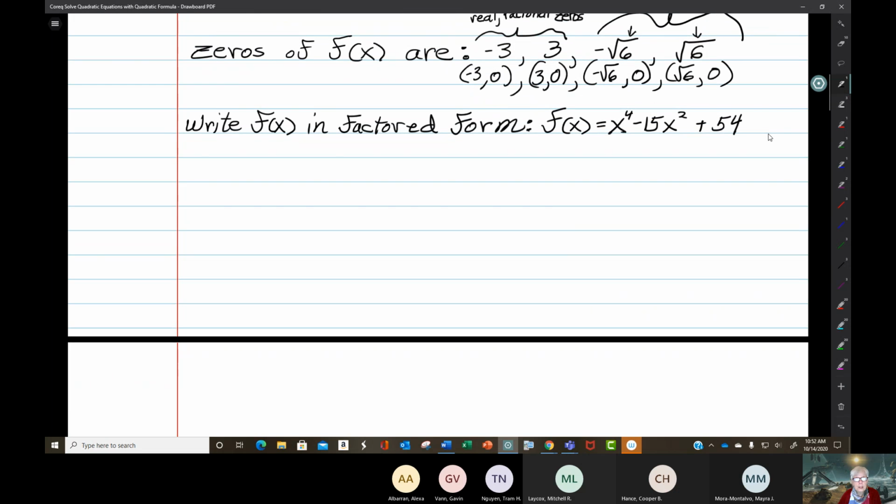Here's how. There is a formula that you need to memorize for writing polynomials in factored form. F of x equals A, the leading coefficient, the number in front of the highest degree term, A times x minus z1, the first zero, times x minus z2, the second zero.